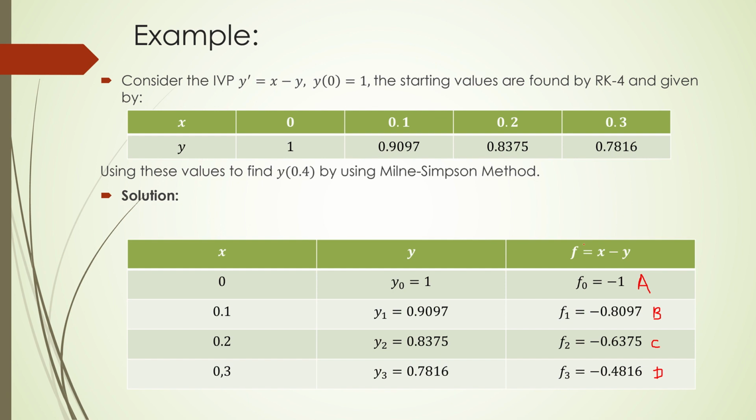I think we don't need f0 anywhere in the formula, so I may call this one A, because we are not using f0 anywhere, if you remember from the formula. And we would be calling this one B, I'll be calling this one C. I'll be using M for my h, which in this case is 0.1.